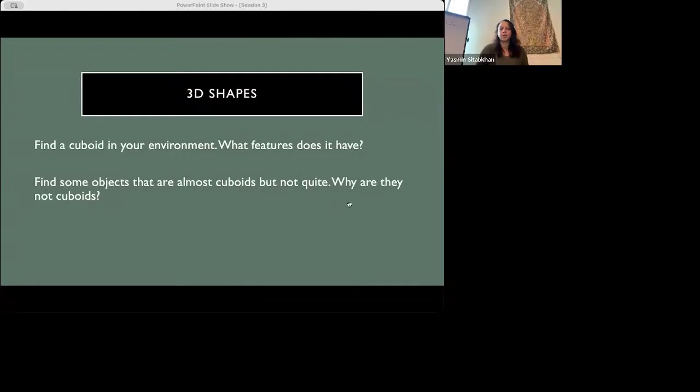Try to find one in your environment. You have both. Okay. I call it a cube, but try to find a cube somewhere in your environment. Does anyone have one that they can show us?